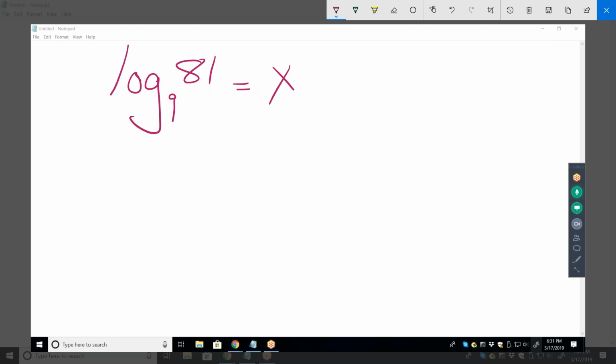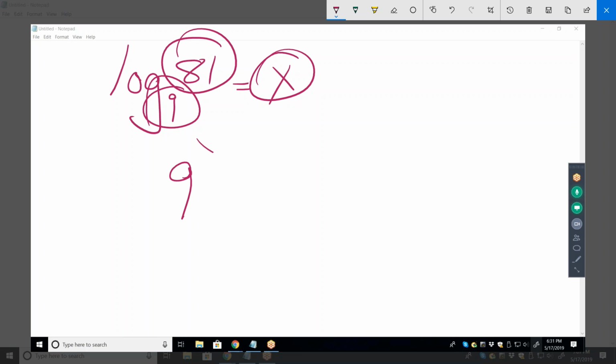What's the next exponential expression I should write? The way I remember it is it's the number on the far left raised to the power of the number on the right equals the number in the middle. So you got 9 to the x equals 81.